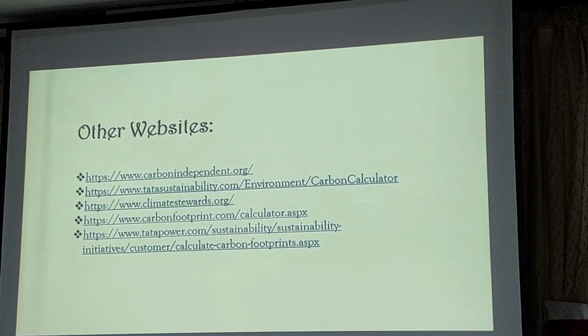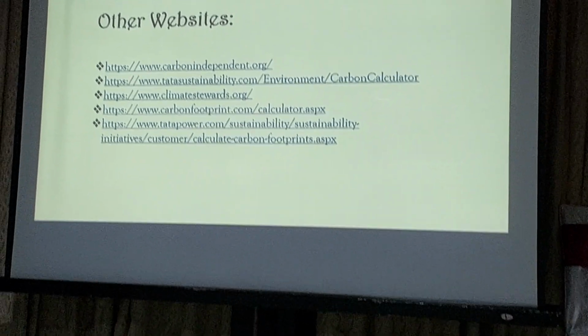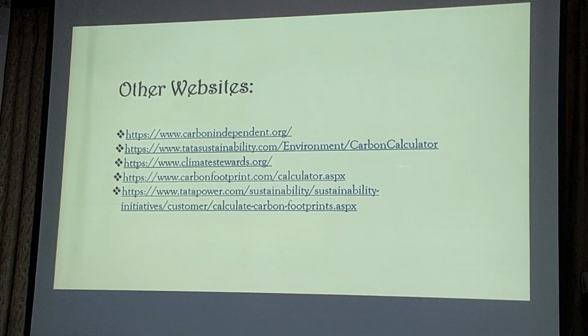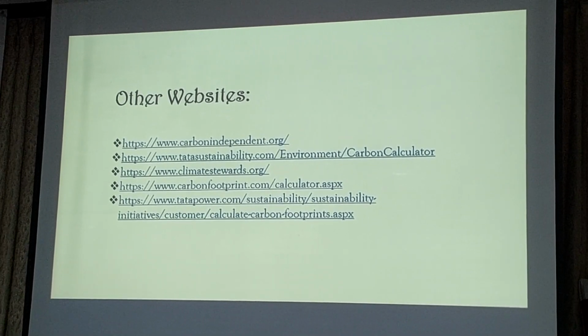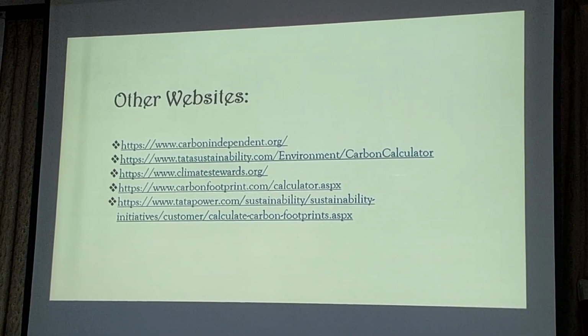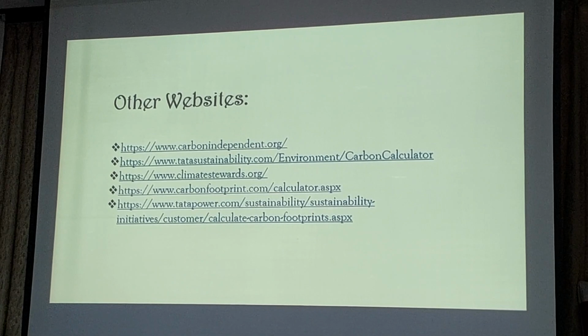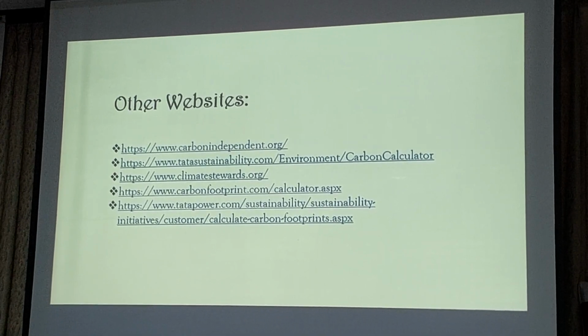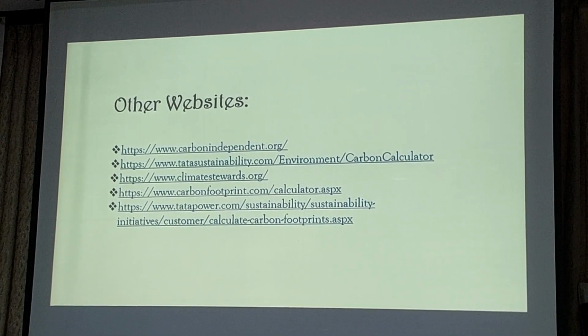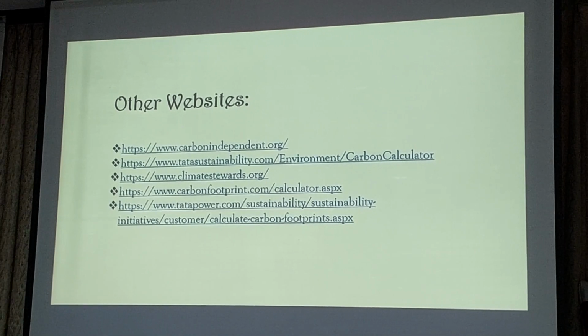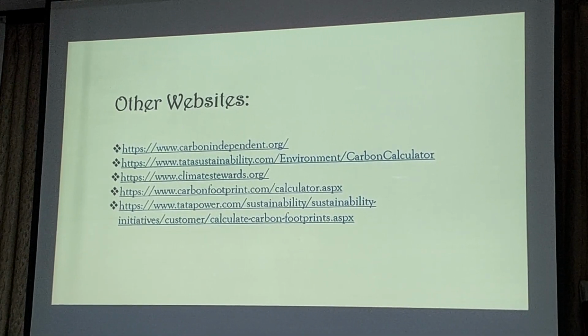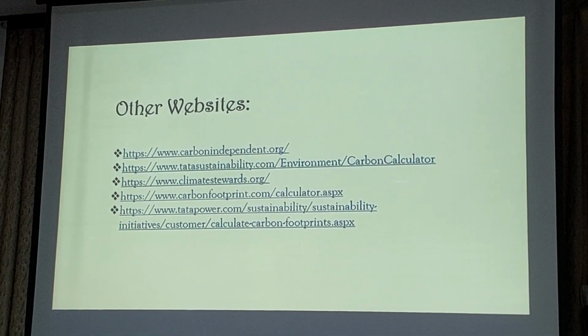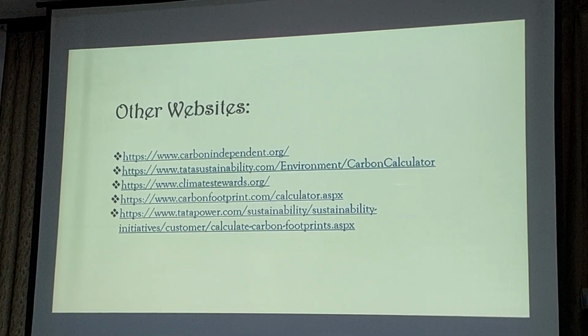But the problem is that Tata only calculates the carbon emission from the transport industry and electricity, how much you're spending, not all the sectors that are covered in EPAM. It's an incomplete calculation, only the basics. You can visit any of these and see which is useful for you.